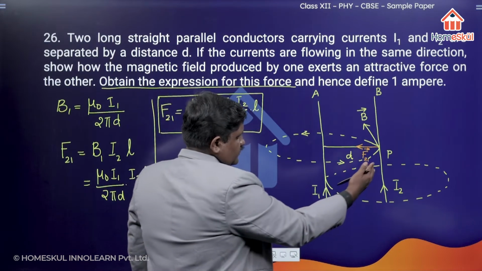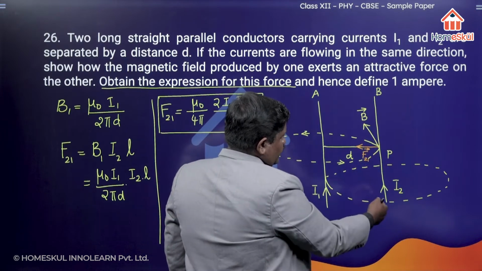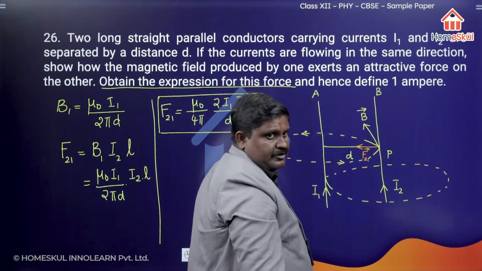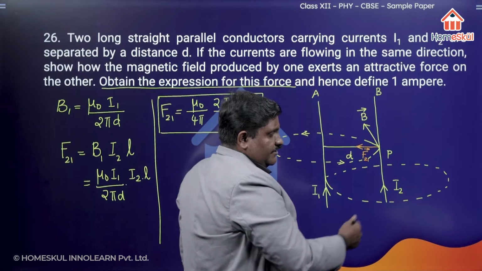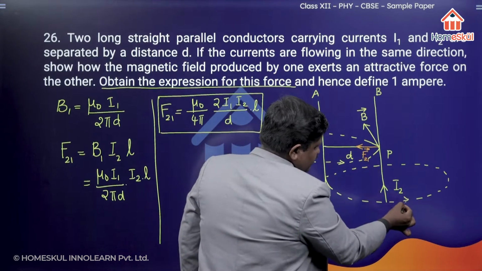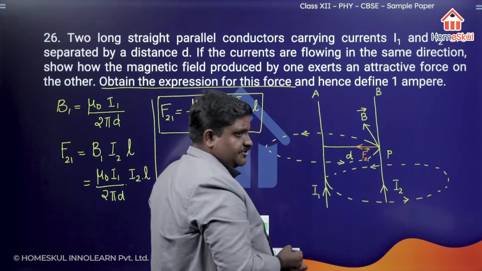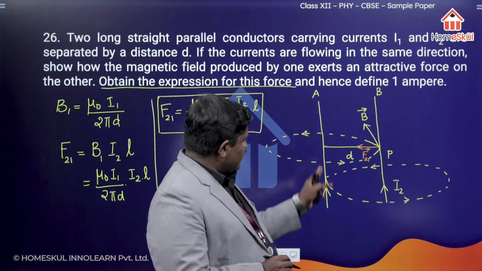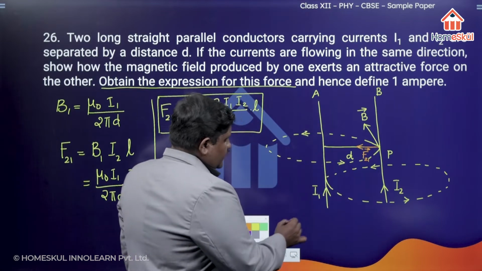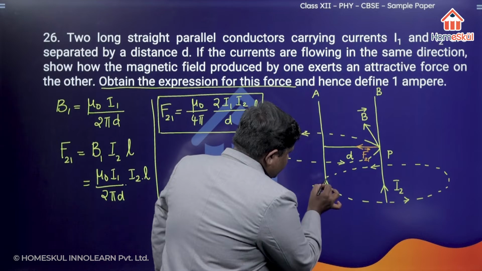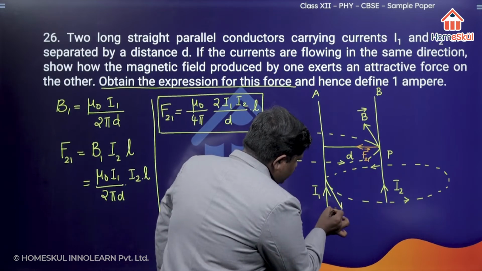When we apply the right hand thumb rule on the conductor B, we get the direction of the magnetic field in the anti-clockwise direction. In that magnetic field the conductor A is placed, so the magnetic field acts in the outward direction.